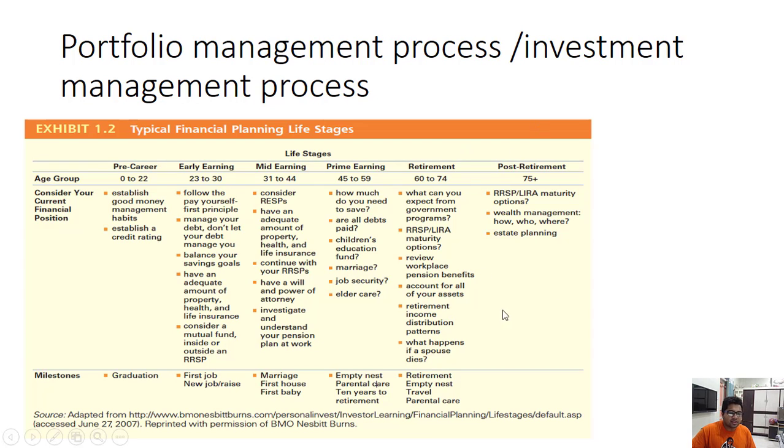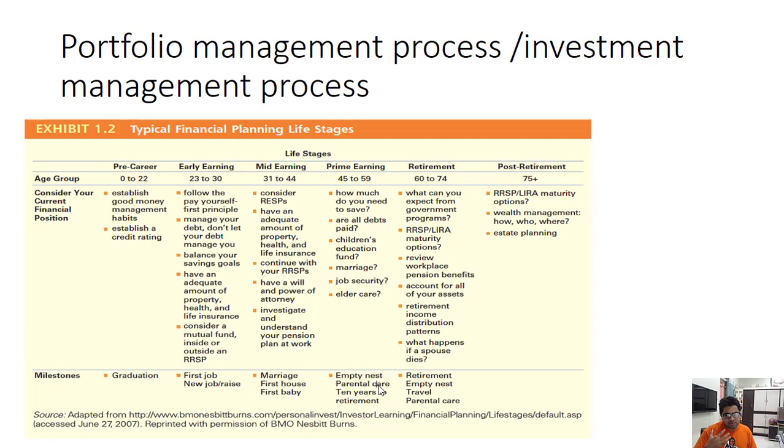And post retirement, you look for wealth management and estate planning, passing your wealth to the next generation. So this is a broad model. You can read the article that is mentioned here, but this is just a guideline. Every person will have different goals and objectives, but you can refer to this before starting with financial planning.